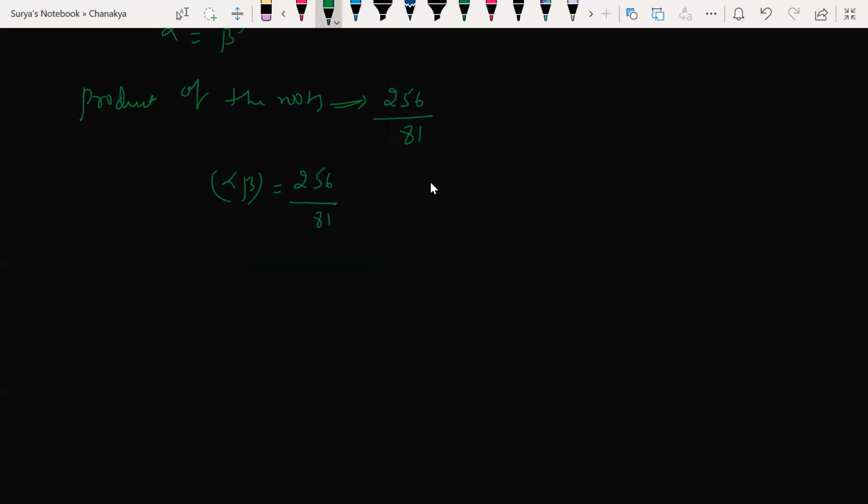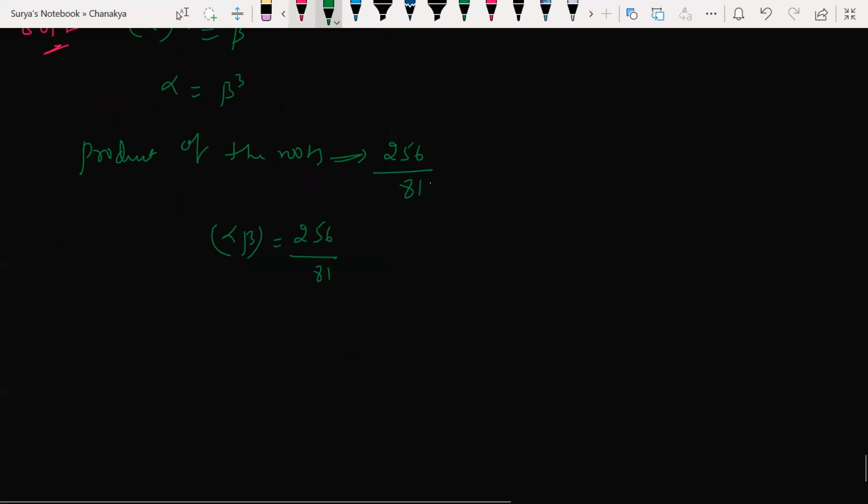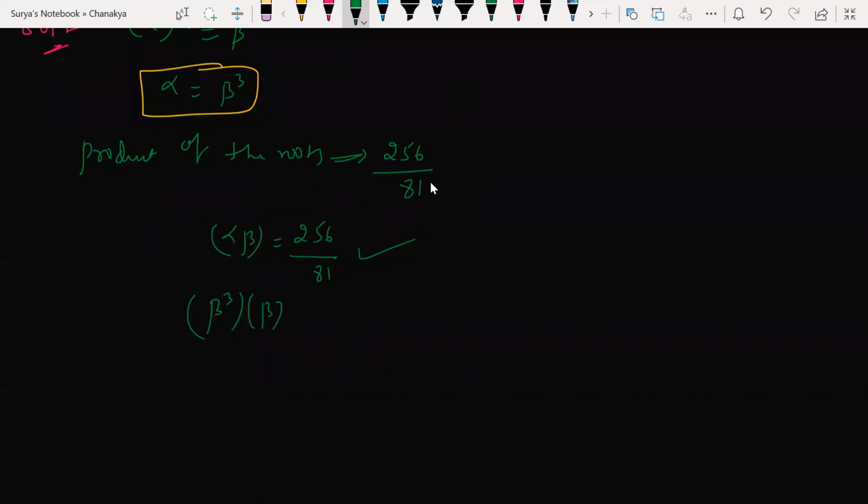Now alpha is equal to beta cube. Beta cube into beta is equal to 256 divided by 81. So beta to the power of 4 is equal to 256 divided by 81.